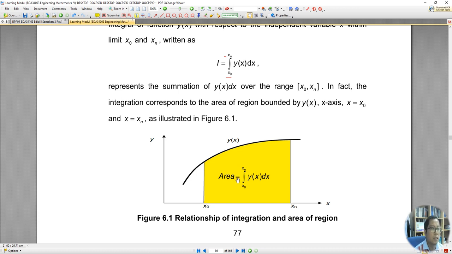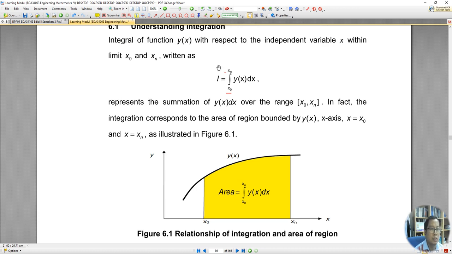This is the theory. I, the integration, is equal to the integral from x0 to xn of y(x) dx. It represents the summation of the function y(x) dx over the range x0 to xn.